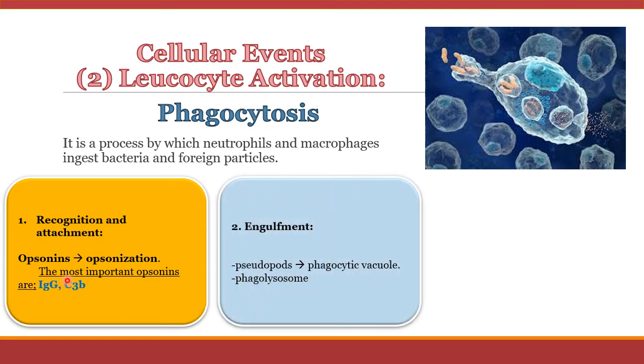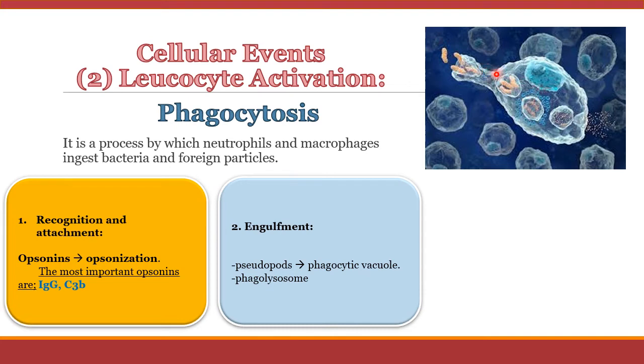The second step of phagocytosis is engulfment, to take this target inside. When the bacteria are recognized by the phagocytes, the phagocytes are going to extend arms, parts of their cytoplasm, to get these bacteria inside them.